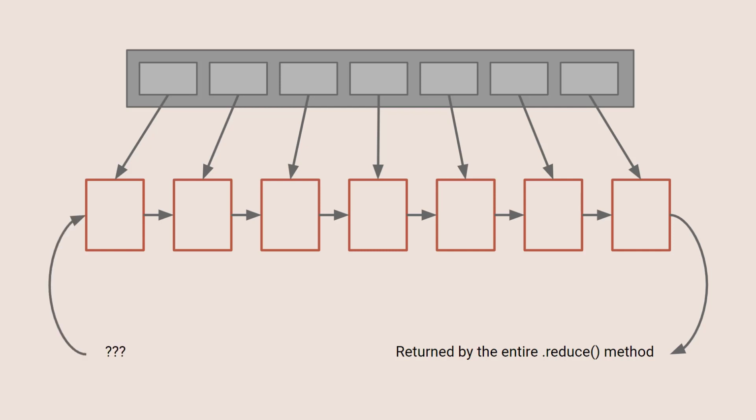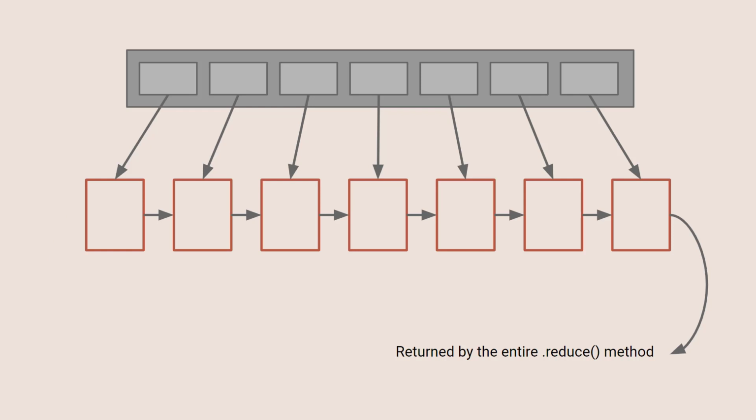The second part we have to fill in is what goes into that first call to the callback function. What fills that last return parameter when there is nothing that was last returned because this is the first time calling the callback function? Well, there are two options.